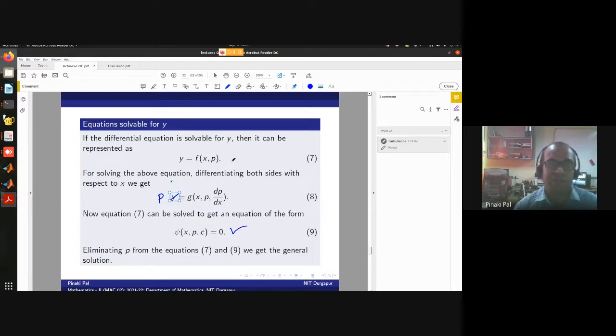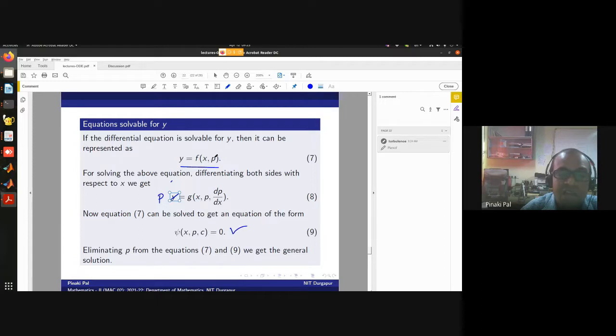So let me discuss the method once again. If we are able to solve the differential equation in terms of y, that means we can write y as a function of x and p, where p is the derivative of y with respect to x. Then we differentiate 7 with respect to x. In the left hand side, we will get p, which is equal to g, some function of x, p and dp dx.